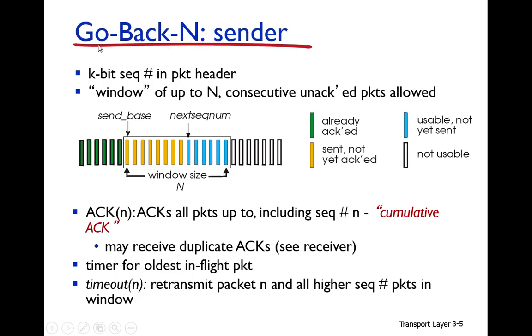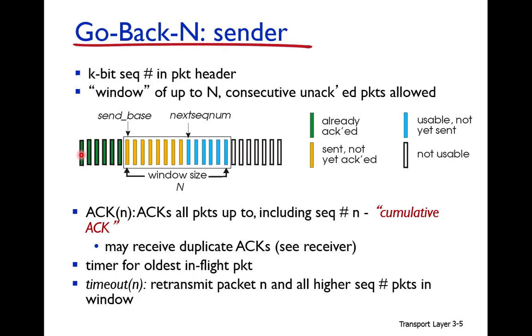So we were discussing the Go-Back-N approach. It is the pipeline approach, so we are continuing it. In Go-Back-N at the sender side, when the sender receives the data, it divides the data into packets.